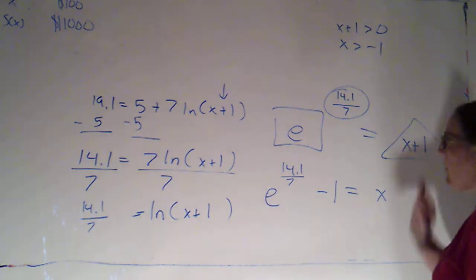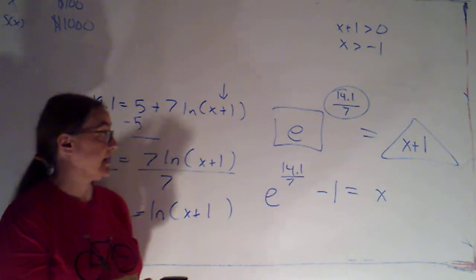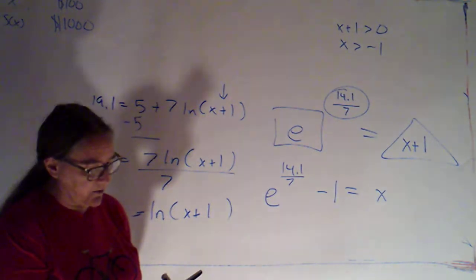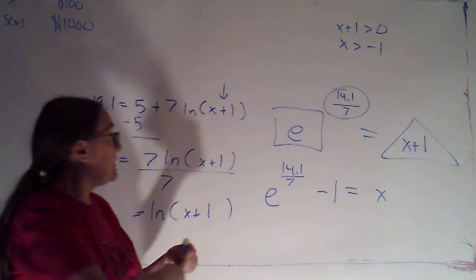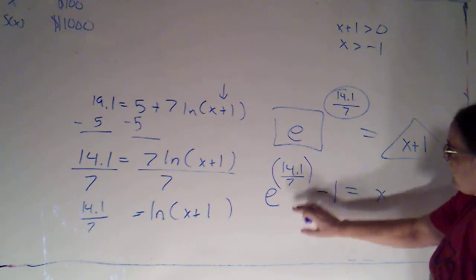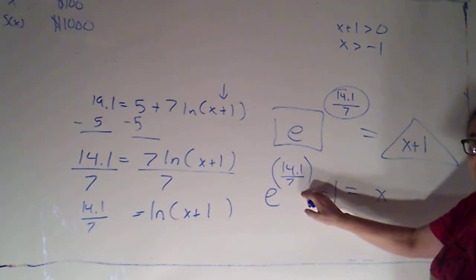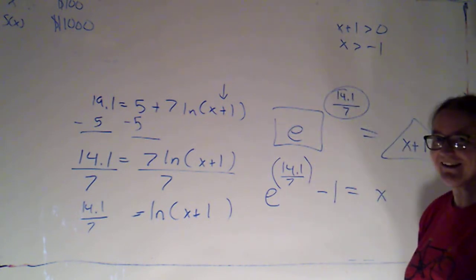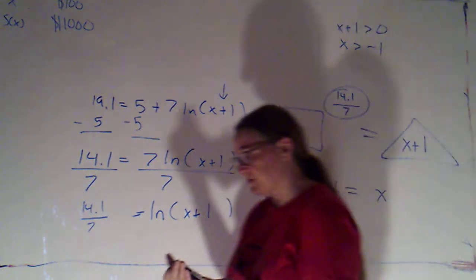So let's go ahead and use our calculator, which I might very well ask you to do on a take-home exam or quiz. So we're raising e to this power. Now, I'm going to need to enter that in parentheses, because if I were to enter e to the 14.1 divided by 7, it would take e to the 14.1 and then divide that by 7. I want it to do this division first.